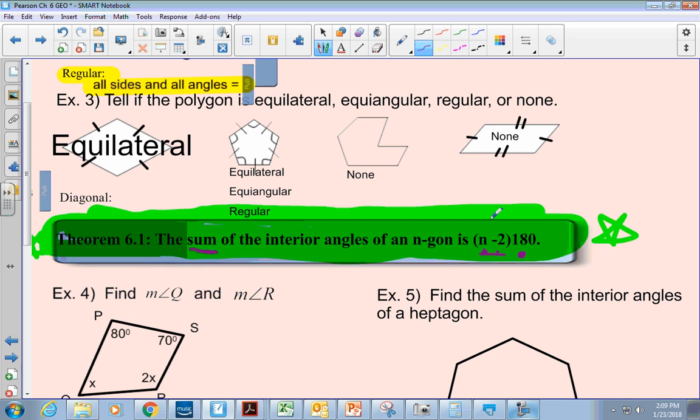So 3 minus what is 1? 2. So the formula always is n minus 2, because I know the triangle one. We memorize that the sum of the interior of a triangle is 180. So it has to be 3 minus 2. That minus 2 is for everything. If I have a quadrilateral, it would be 4 minus 2. A hexagon, 6 minus 2. An enneagon, 9 minus 2. And then times it by the 180.